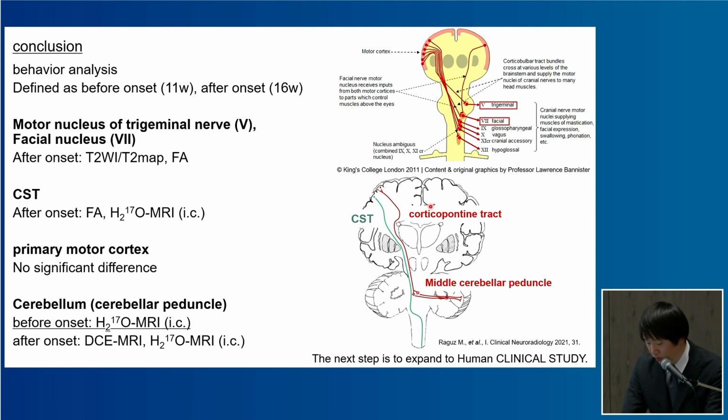MRI allowed multidimensional visualization of ALS-induced motor neuron dysfunction. In particular, O17 MRI uniquely detected abnormalities in the middle cerebellar peduncle before the onset of ALS, potentially supporting early diagnosis. Based on these data, we are planning a clinical trial in ALS patients.